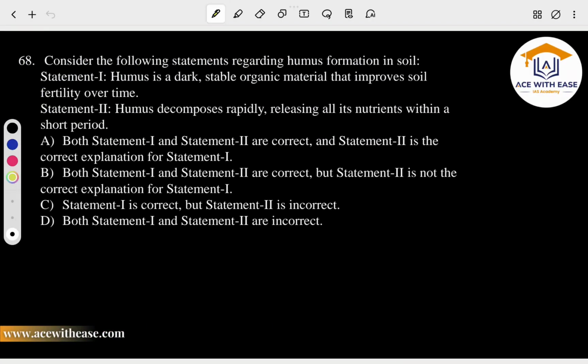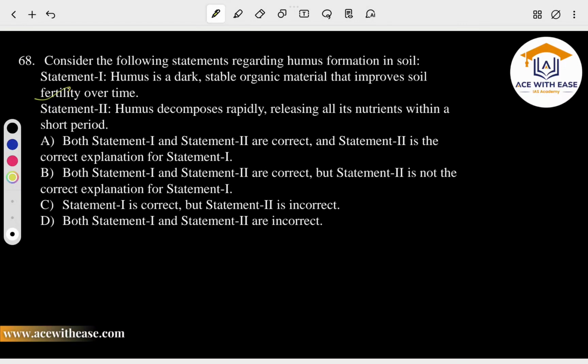68. Consider the following statements regarding humus. First, humus is dark, stable organic material that improves soil fertility over time. Yes. It is a stable organic matter where the dry leaves, twigs and so on decompose and form humus, and this humus will increase the fertility over a period of time.